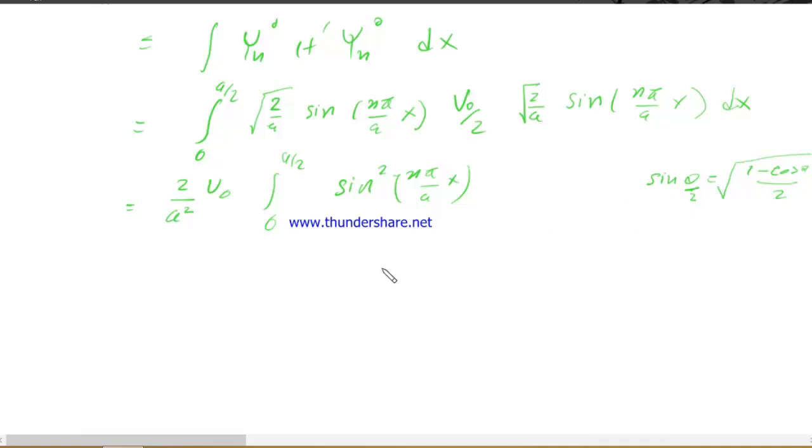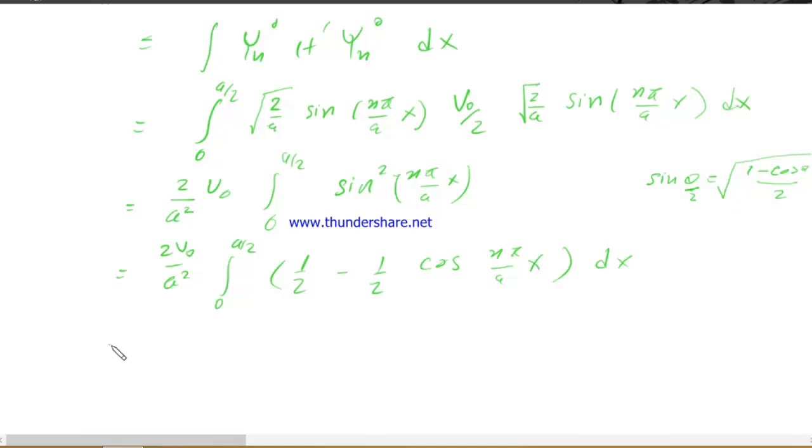This is the half-angle formula, and then this equation is 2 V naught divided by a, integral from 0 to a divided by 2 of one half minus one half cos of 2 n pi x over a, dx. This one can be written from this formula.